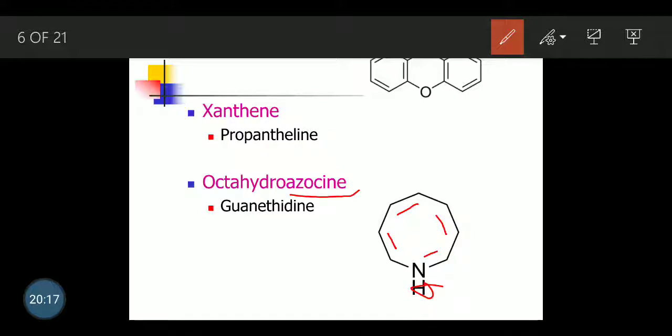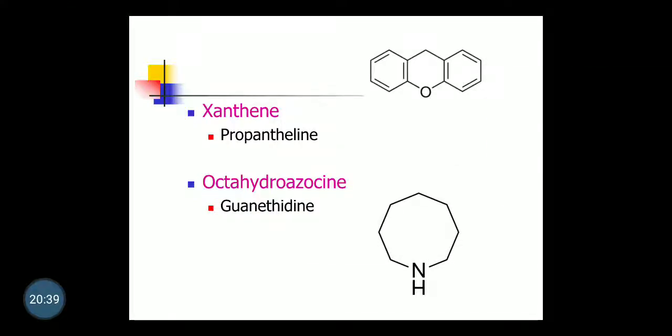And if you are talking about octahydroazocine, we have to add 8 hydrogens, so we have to remove all 4 double bonds. To remove 1 double bond, we have to add 2 hydrogens. If you want to remove 4 double bonds, we have to add 8 hydrogens. That's why it becomes octahydro. So octahydroazocine is the heterocyclic ring which is an 8-membered ring.